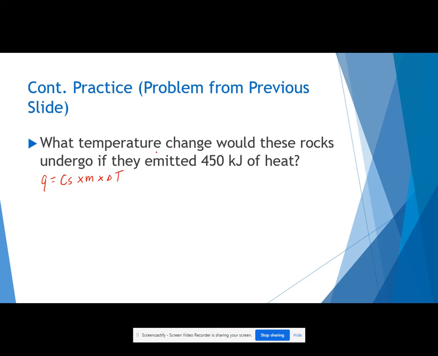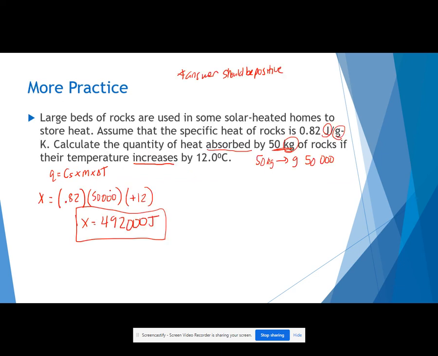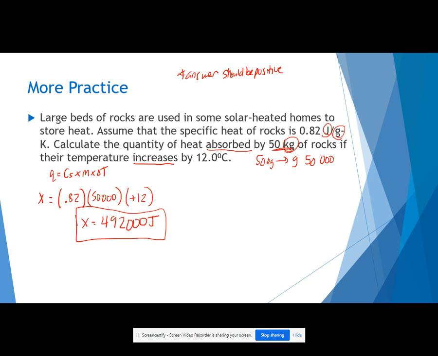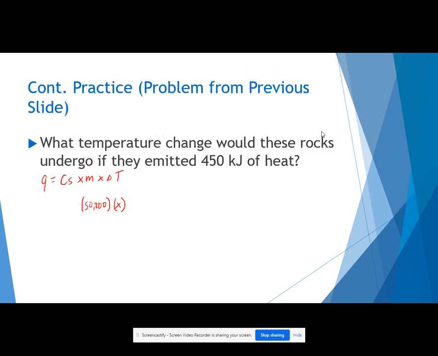My mass is going to stay the same. If you look at the previous problem, our mass was 50,000. It wants to know temperature change, so I'm going to put an X for it. If you go to the last problem, 0.82 was our specific heat.